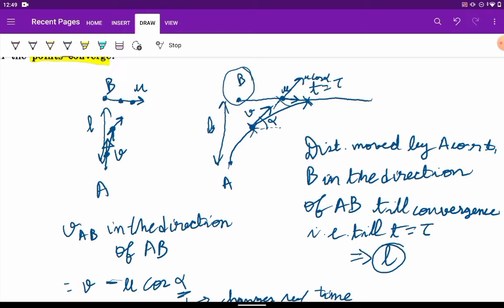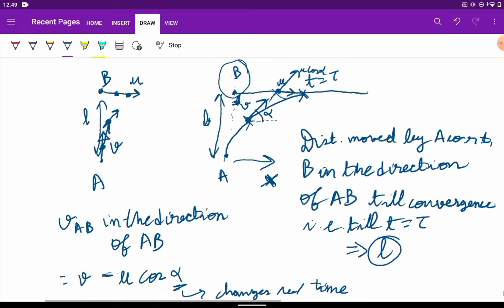If we consider the horizontal axis, let's call it the x-axis, the relative displacement between A and B in this direction is 0, because initially, since v was perpendicular to u, they were separated by 0 horizontal distance, and when they meet they are also separated by 0 distance.